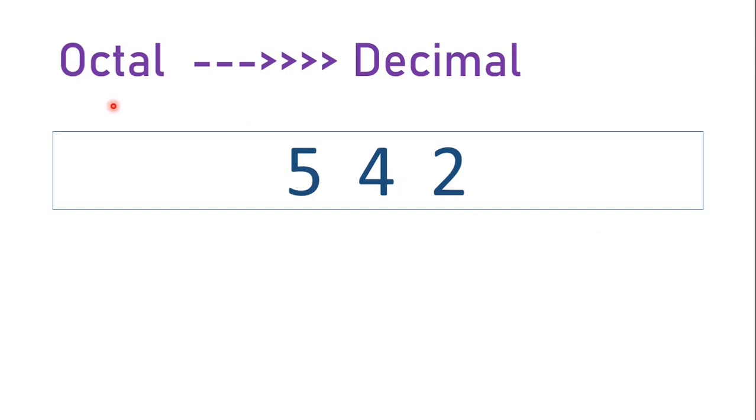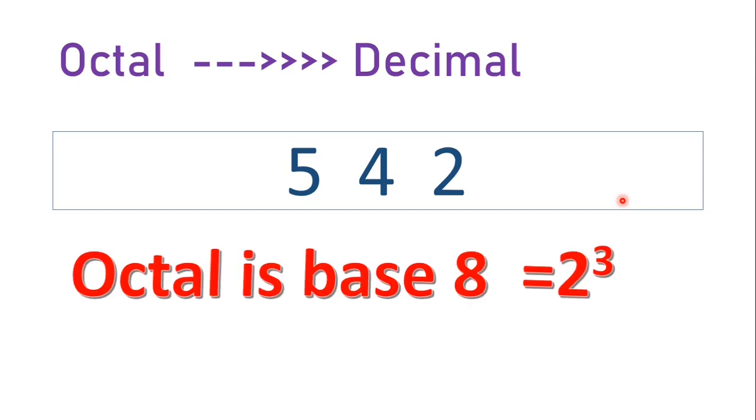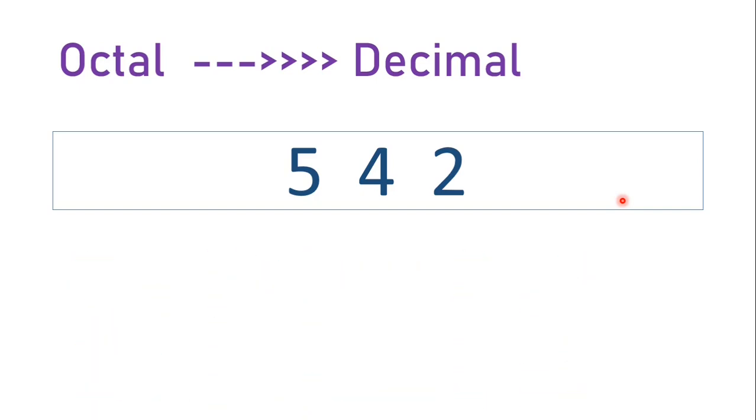So the next topic is conversion of an octal number to decimal. In the previous lecture, we have seen that when we were converting a binary number to decimal, we were using 2. So when you convert an octal number to a decimal number, you have to use the number 8. The first step would be similar. Put 8 beneath all these numbers.